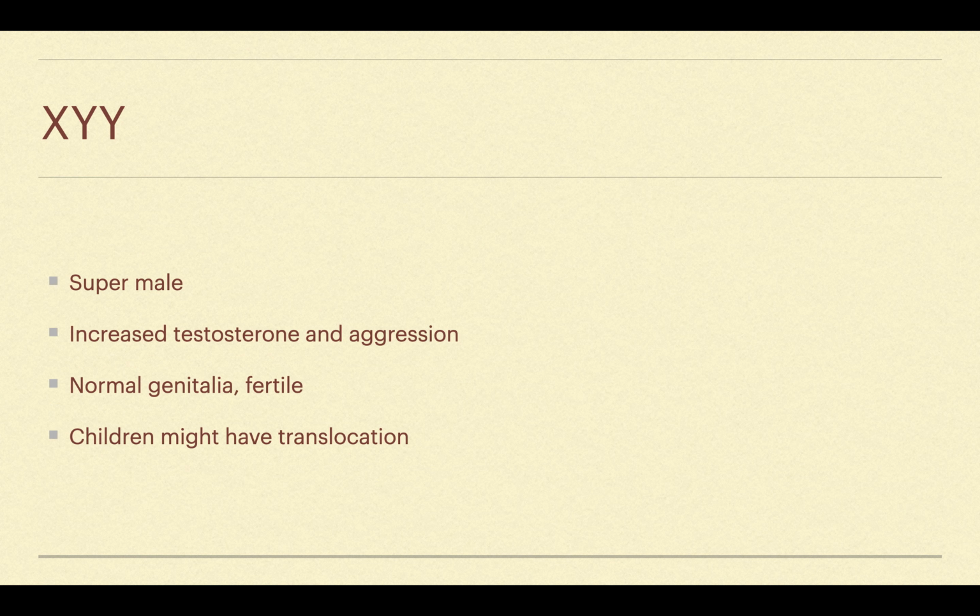So the XYY are the super males. This is a normal male in development and growth. This has some association with learning disabilities, like dyslexia, and they have an increased testosterone level, so they go through puberty faster.